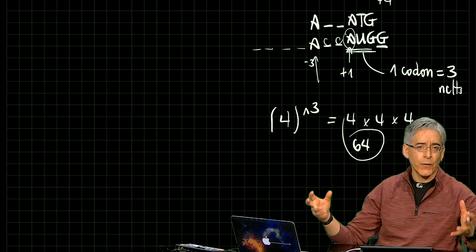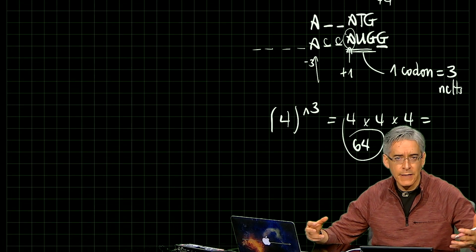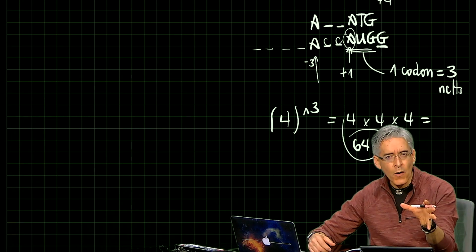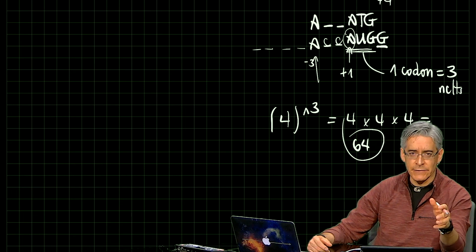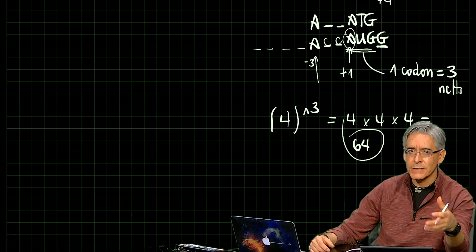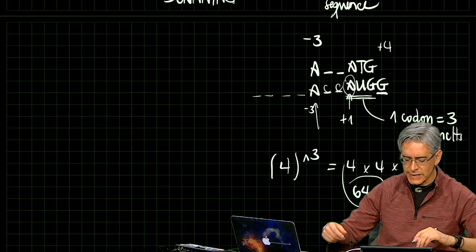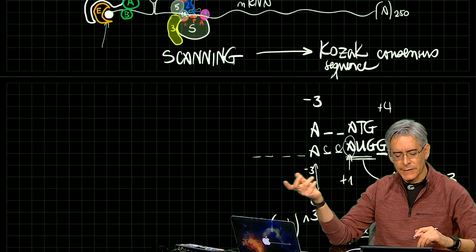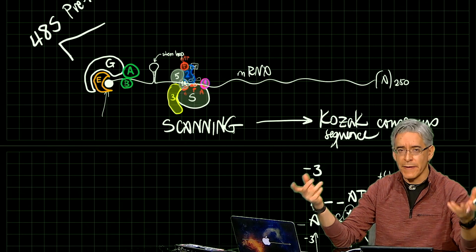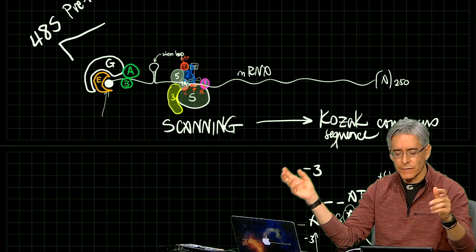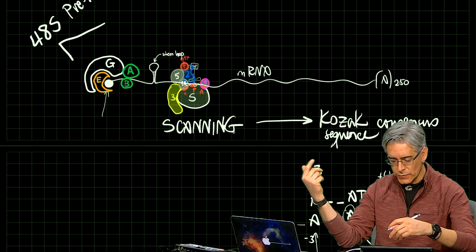Considering that there are only 20 amino acids normally present in nature, our genetic code is redundant, meaning there is more than 1 codon on average for every amino acid. And there are very few exceptions. Perhaps the most important to mention is methionine, for which there is only one codon, the AUG codon.